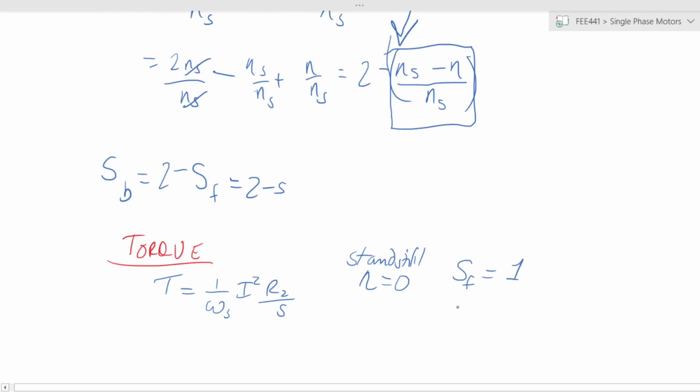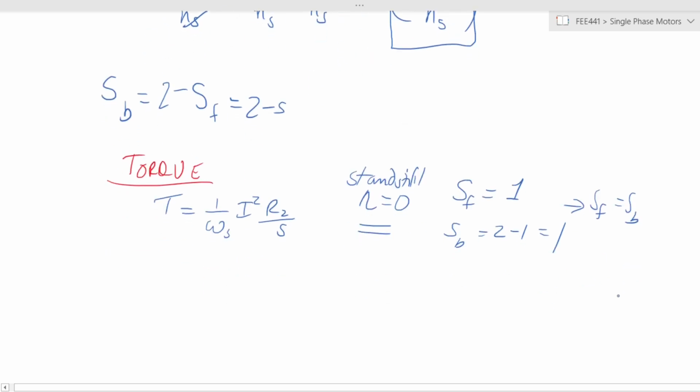And similarly, SB is equal to 2 minus 1, which is still equal to 1, right? Now, in this instant, when n is equal to 0, SF is equal to SB, which means that the torque in the forward direction is equal to the torque in the backward direction, because they have the same value of slip.